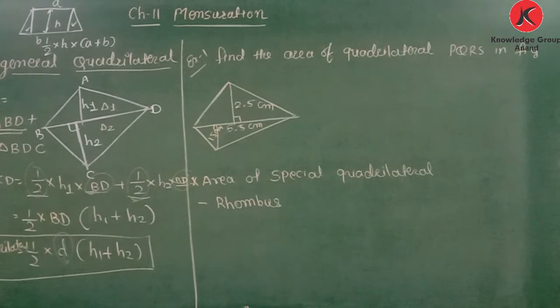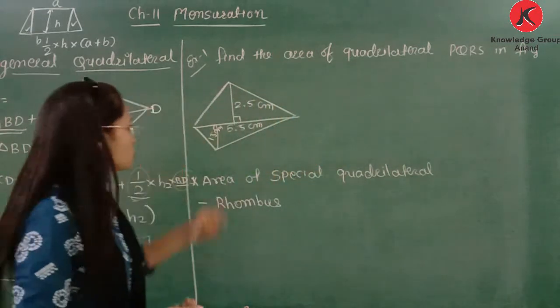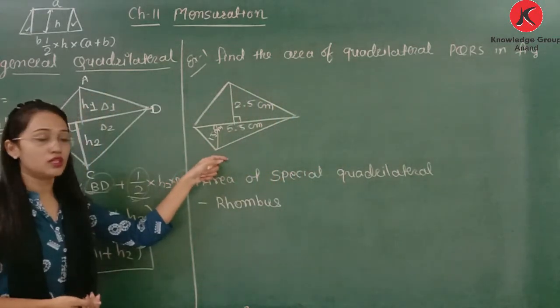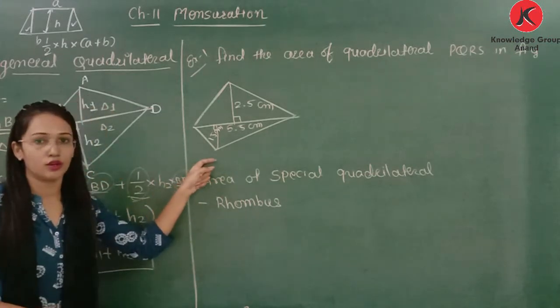Now here example 1 is given. You can see, find the area of quadrilateral PQRS in the figure. So this is not a known shape to us. This is not a square, not a rectangle, not a trapezium, not a parallelogram.